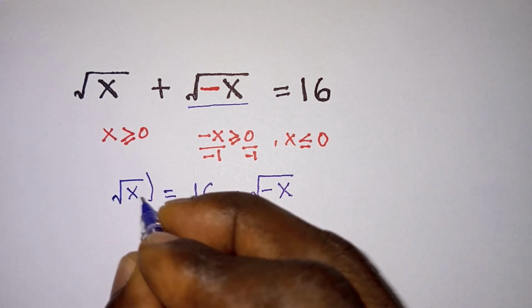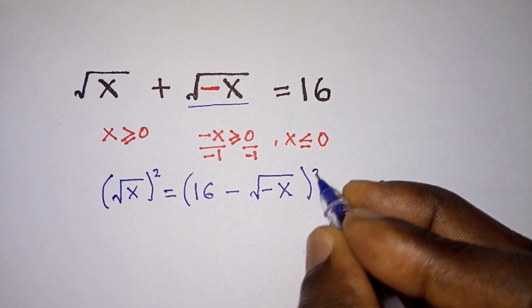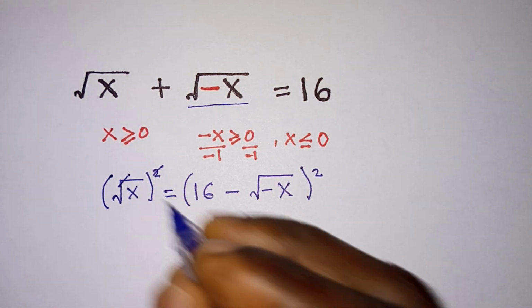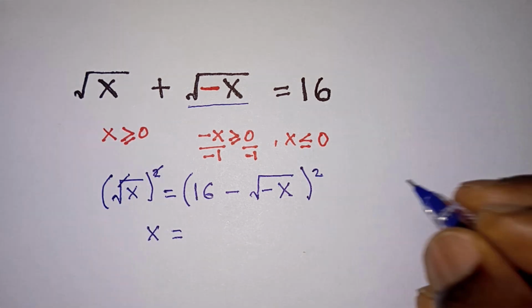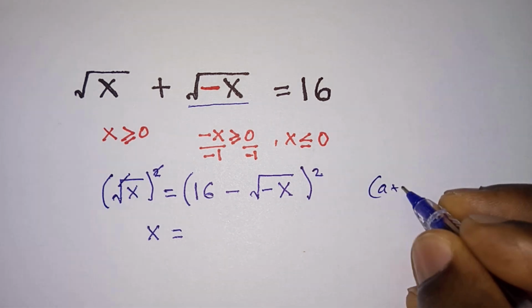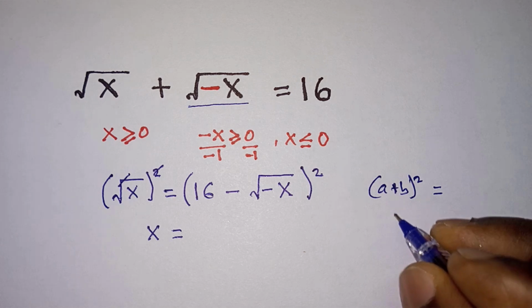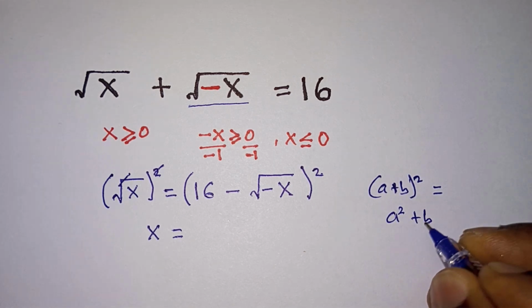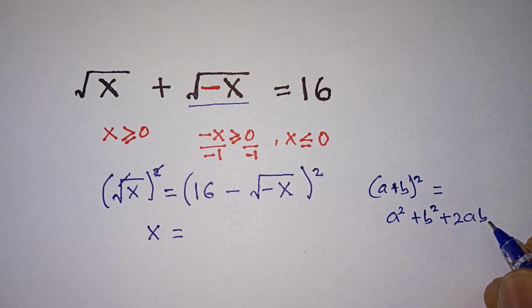Then we will raise each side of the equation to the second power so that this square and this will go. We have x is equal to, and from here we will just use an algebraic identity, that is (a plus b) all squared is equal to a squared plus b squared plus 2ab, right?